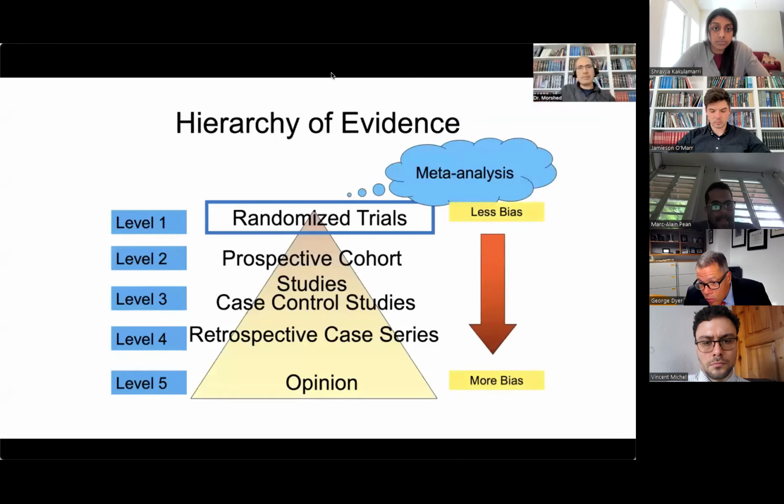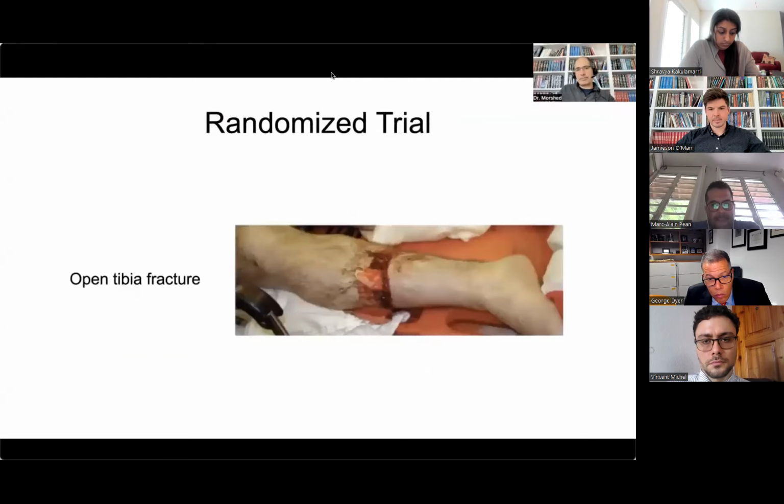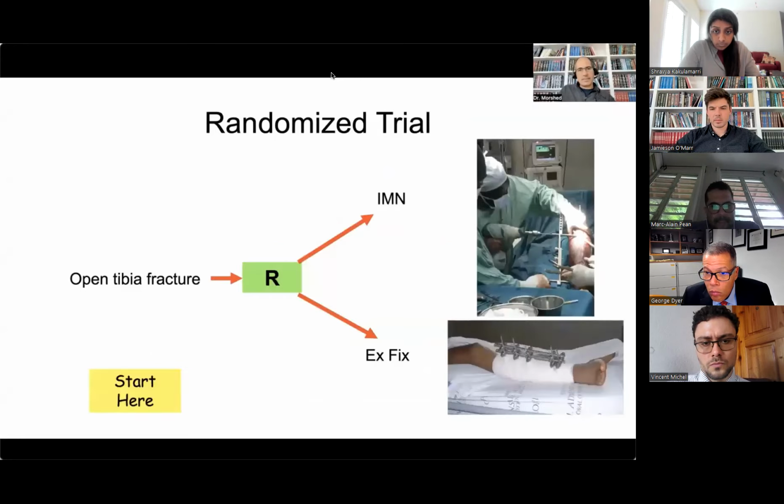So, coming back to our hierarchy then, let's talk about a few of these study designs and how they actually work. So let's think about open tibia fractures. A few years ago, we were interested in trying to understand the best therapeutic approach for open tibia fractures, that being either intramedullary nailing or external fixation, with our partners in Tanzania.